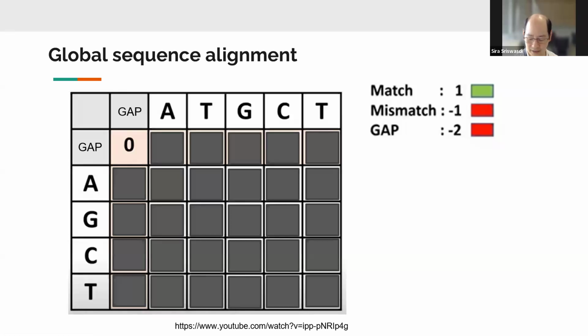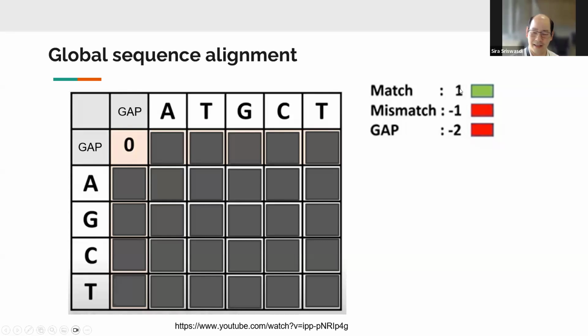Let's say we have an agreement beforehand that if we have a match, so A to A, T to T, G to G, C to C, we give +1 score because it's good. If we have a mismatch, A to T, A to G, A to C, for example, we deduct 1 point. And if we need to introduce a gap, which represents insertion and deletion, we take out 2 points because you are introducing some evolutionary process in there.